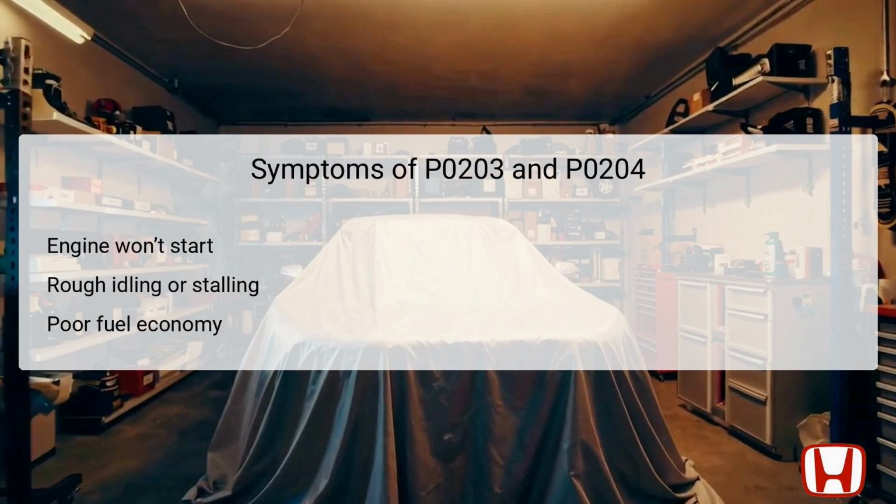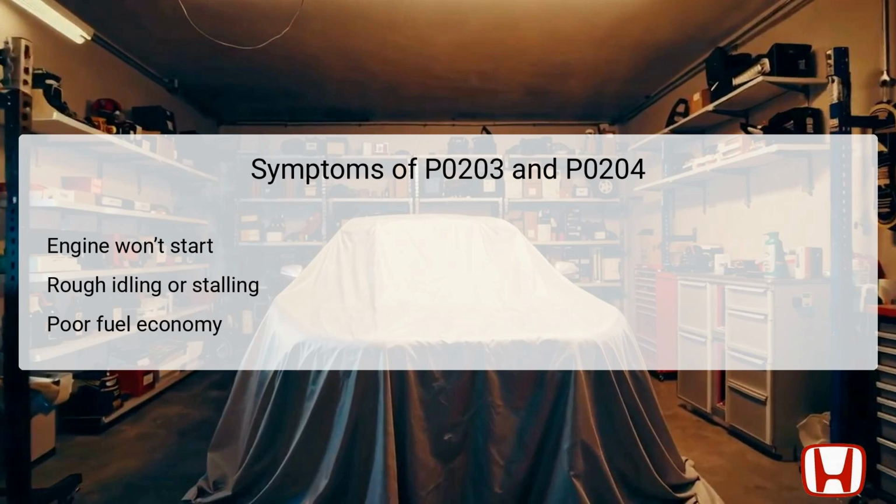When dealing with DTC P0203 and P0204, the driver may experience several symptoms indicating underlying issues. A common symptom is the engine failing to start, particularly if multiple cylinders are affected, as the engine requires proper fuel delivery for combustion.